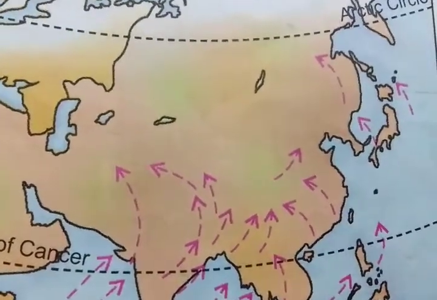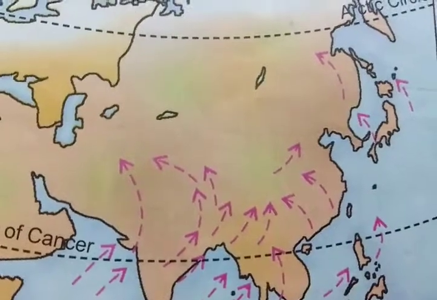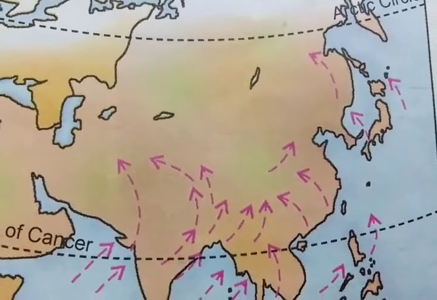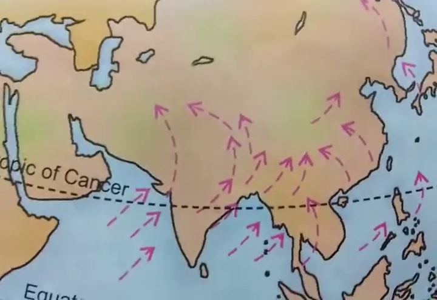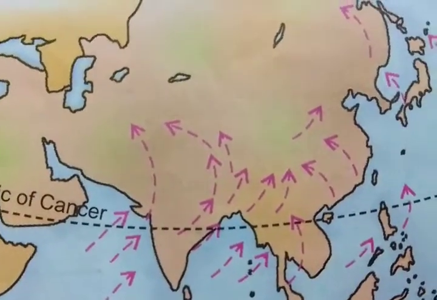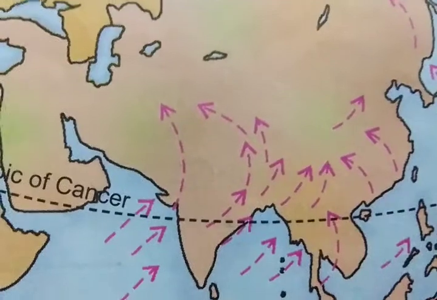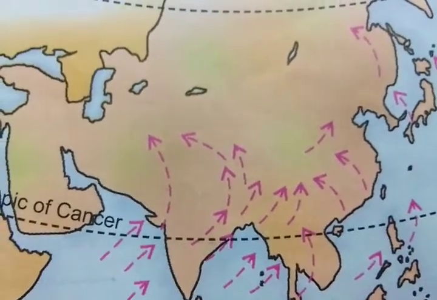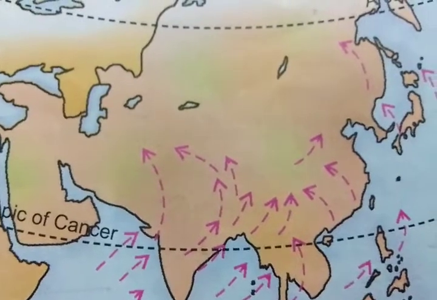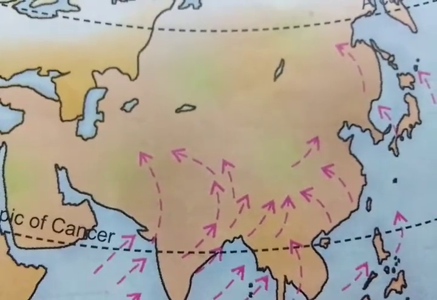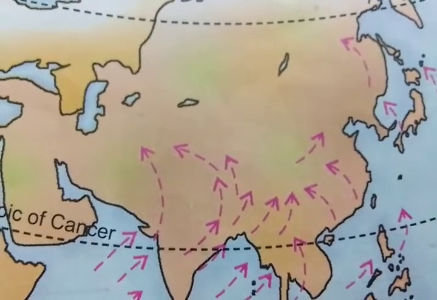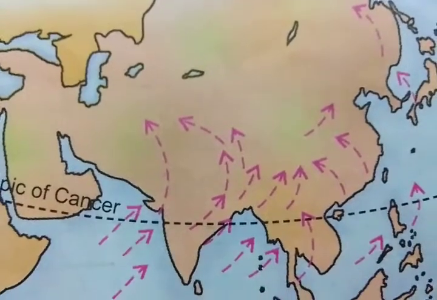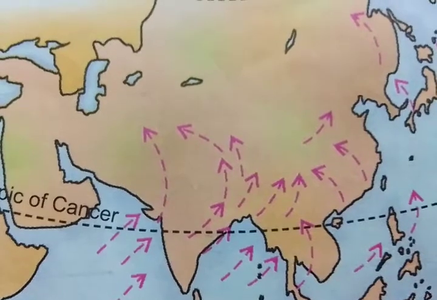So at the end of summer, intense low pressure develops in northwestern and central parts of India, whereas higher pressure remains over the oceans, because a water body is always cooler than land, remember always. Now, as we know, air from a high pressure area always flows towards the low pressure area. So, here the southeast trade winds of the southern hemisphere are attracted towards the intense low pressure.